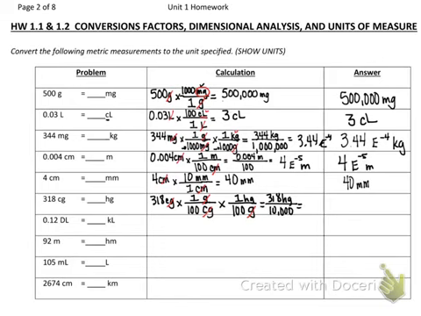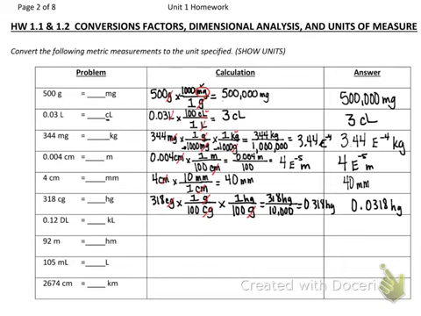So I still have to divide 318 divided by 10,000. And that's going to give me 0.0318 hectograms. So I'm going to write it here, 0.0318 hectograms.